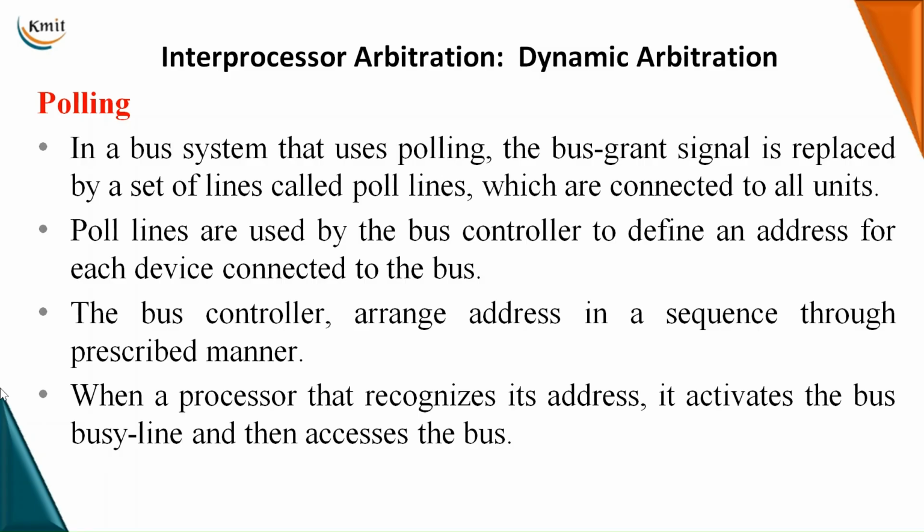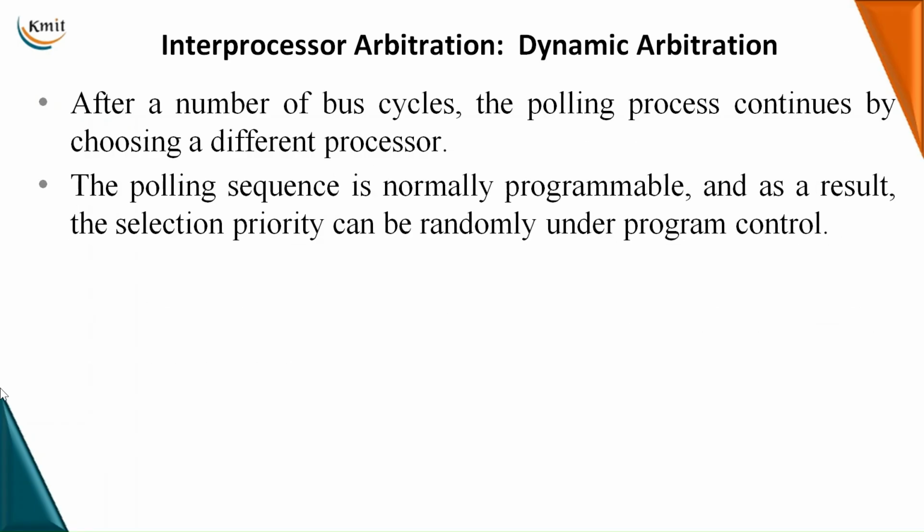Whenever it activates the bus busy line, the other processors which are waiting will not access the bus because it is being used by some other processor. After some amount of time, the polling process continues. The next processor will be chosen, it activates its bus busy line and makes use of the bus. So this is how a polling mechanism works.